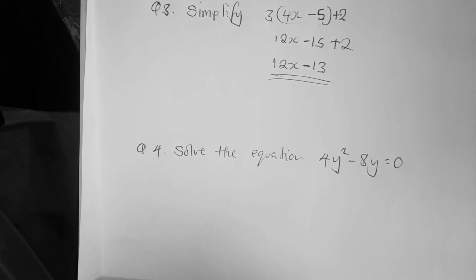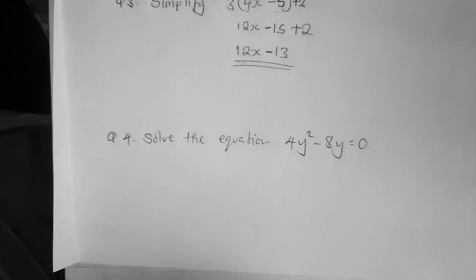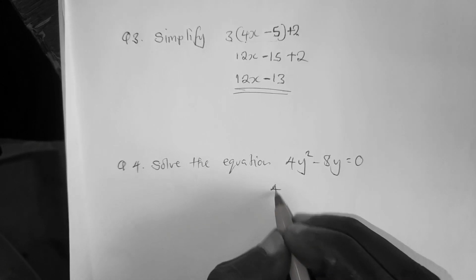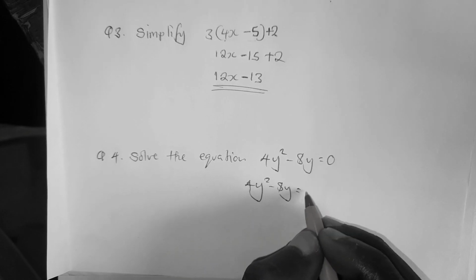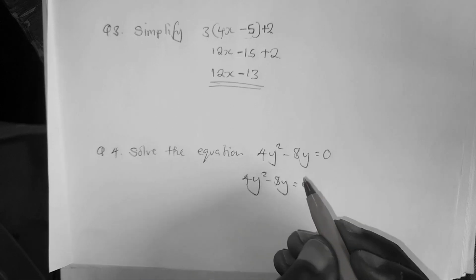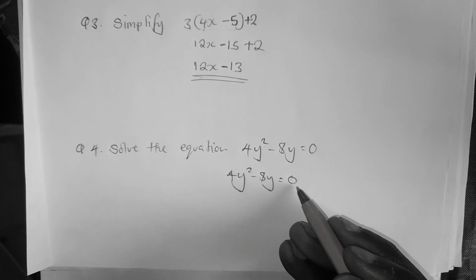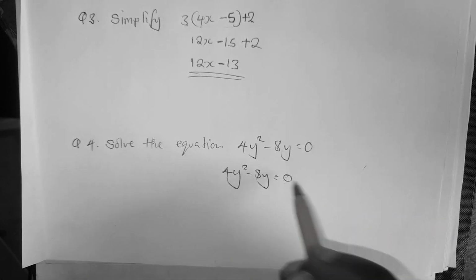Solve the equation 4y squared minus 8y is equal to 0. To solve this, you just look for a common factor. First, you copy it the way it is: 4y squared minus 8y is equal to 0. This is a quadratic expression, but it doesn't have a constant; the constant is 0.